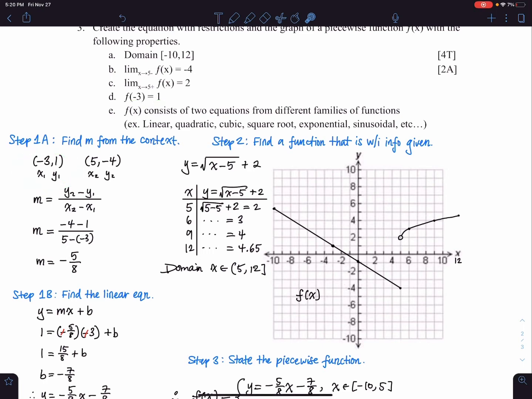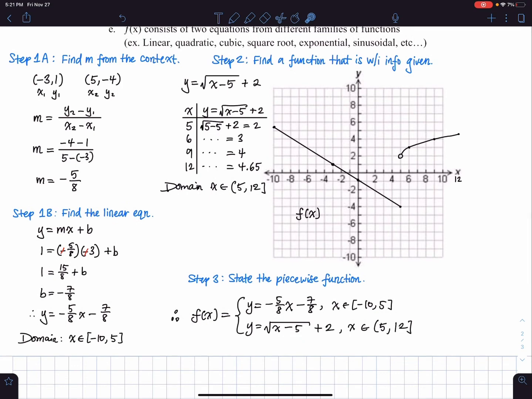And from another point, we can find that this limit gives us an x and a y value. So that's that point. From that, we can then calculate the m value, and we figure that out to be minus 5 over 8. And part B is just to find the linear equation of that.